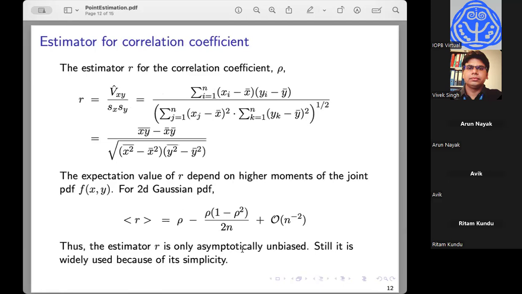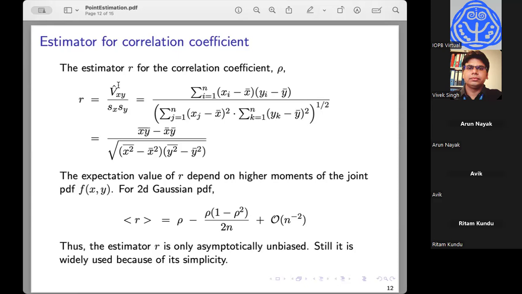In the same way, you can also define another estimator for the correlation coefficient rho. So R is the estimator for rho, which is defined as the covariance estimator over Sx and Sy. Now, here there is a slight difference.